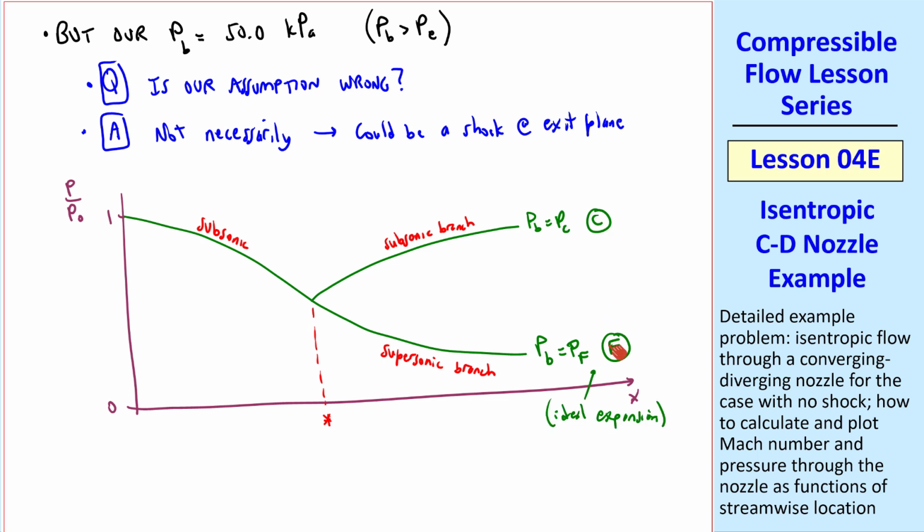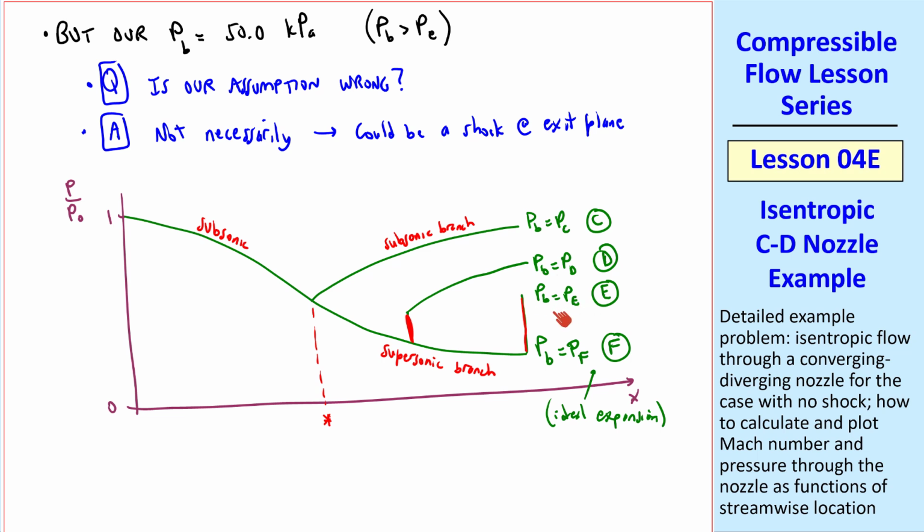But in between C and F, we have cases that we call D, where we have a shock in the nozzle, and as we discussed, as PB decreases, the shock moves down the duct until it reaches case E, where there's a shock right at the exit plane.